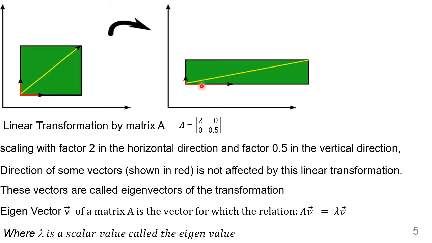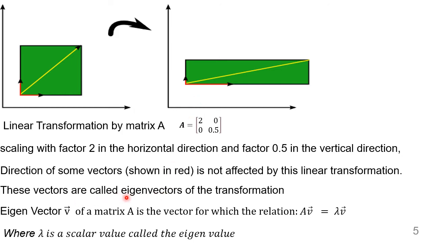You can observe here the vector in the vertical line is reduced by half, whereas the vector in the horizontal line is doubled, multiplied by 2. The main observation to make here is that even though the magnitudes are reduced or increased, the direction of the vectors is not affected by the linear transformation.